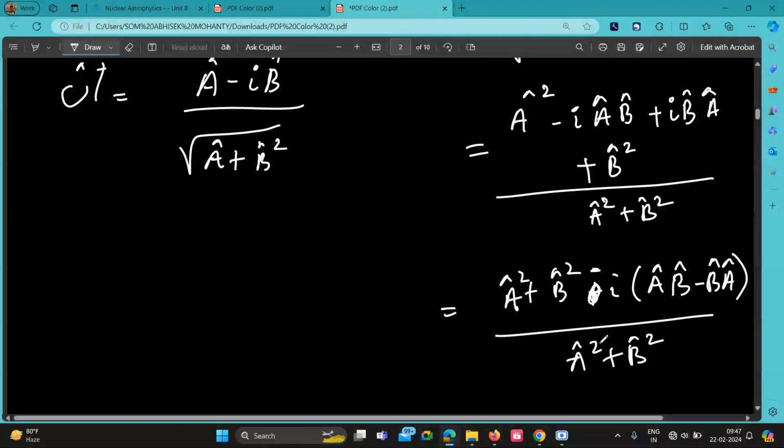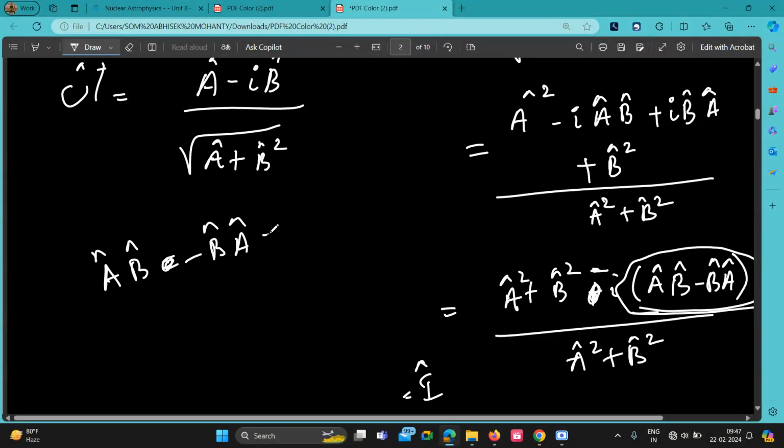When will this be I? When this term is zero, then only they will cancel out and give me I, the unit operator. When A and B commute with each other, then only this is zero.